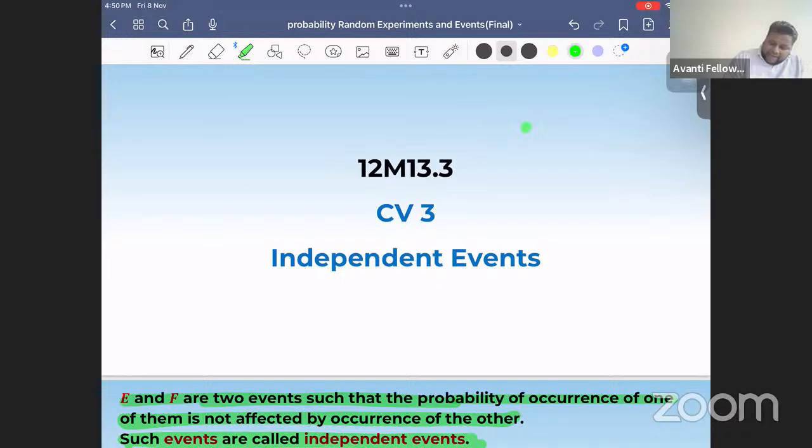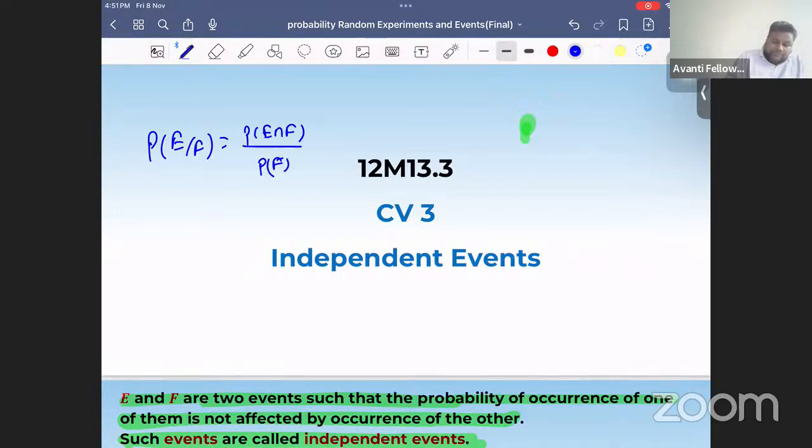So we have a definition. P(E|F) is P(E intersection F) upon P(F). Yes or no? Now, if E and F are independent, then P(E|F). That means what? Occurrence of E if F has already occurred.